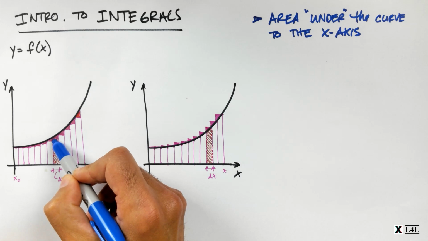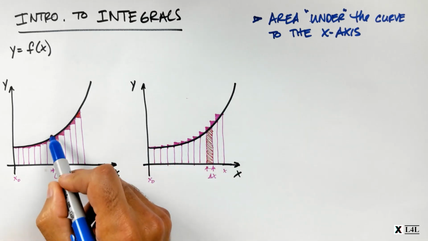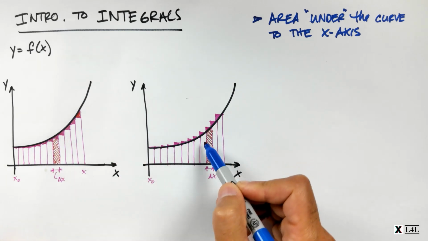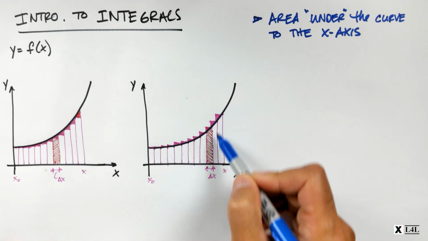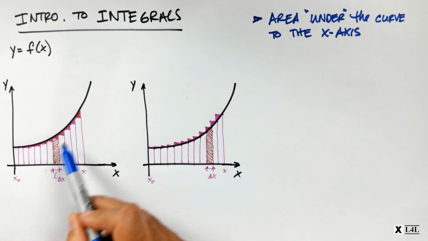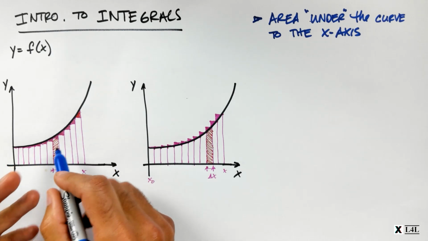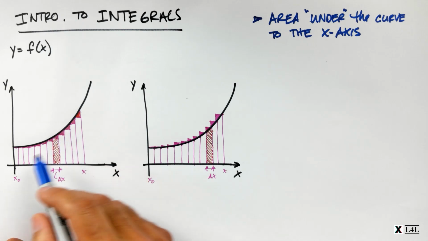Now in this case I'm taking the leading edge here, I'm taking the trailing edge, and you can see by the areas shaded that in this case I'm a little bit over the value of this area, and here I'm a little bit under the actual area. And again, the purpose of this is to make basic geometry shapes, little rectangles, to approximate the area under the curve.